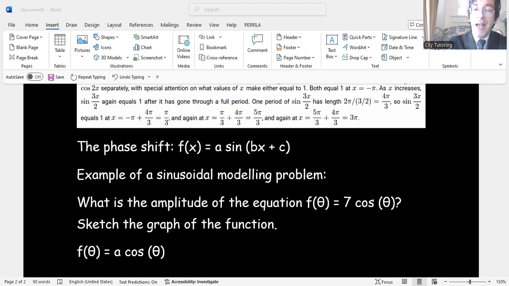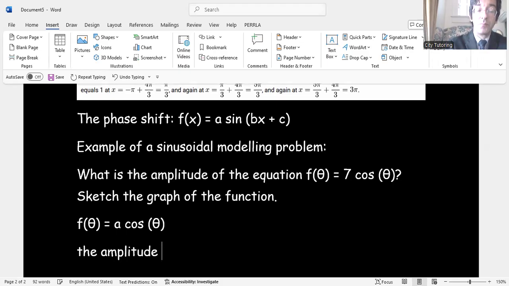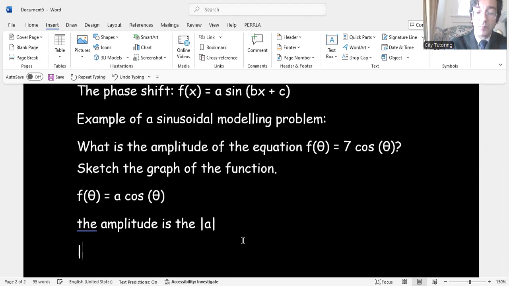So the amplitude is the absolute value of A. And that represents, remember we talked about earlier, the maximum vertical distance from the function's midline, usually the x-axis, to the peak or trough of the wave. So in this example, we have 7 cosine of theta. So the amplitude is the absolute value of 7, which is 7.